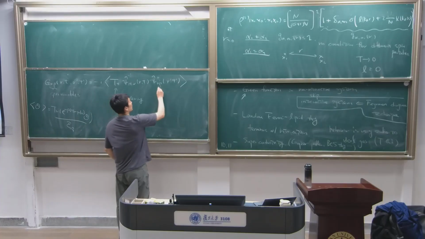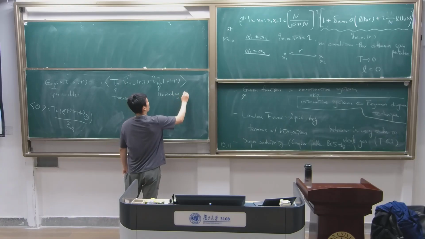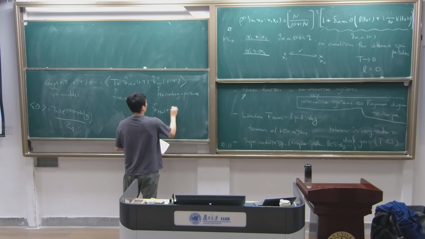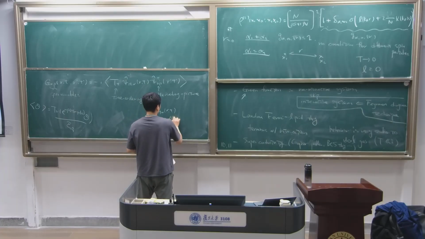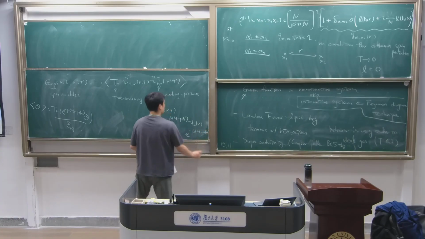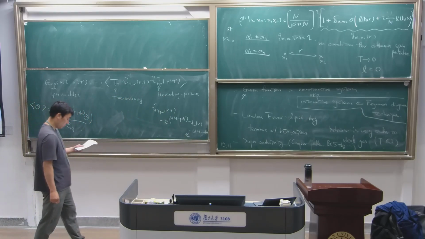Here H means the Heisenberg picture, namely, the operator with the time dependence. This is the Heisenberg picture.